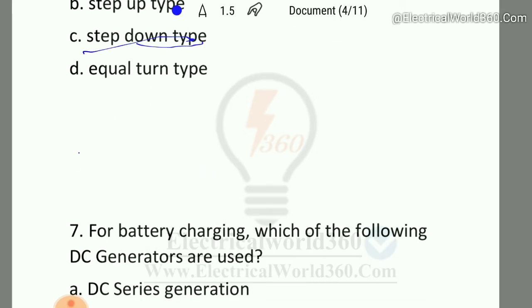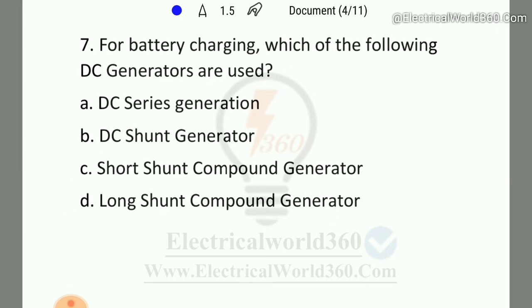So coming to the next question again. For battery charging, which of the following DC generators are used? DC series generator, DC shunt generator, short shunt compound generator, long shunt compound generator.